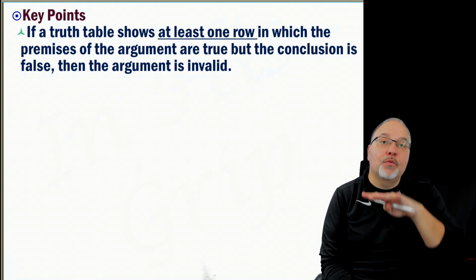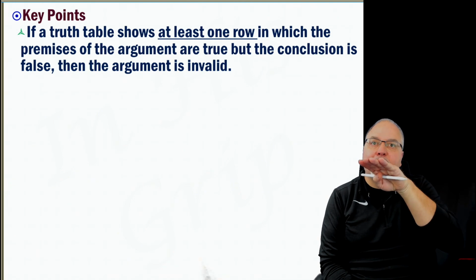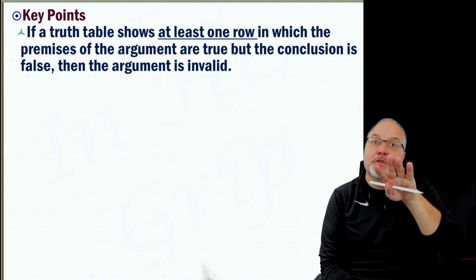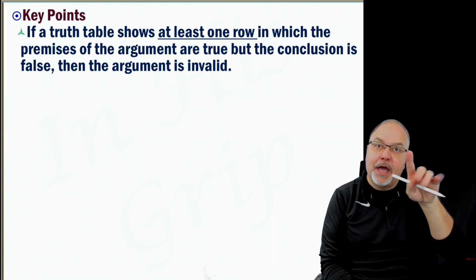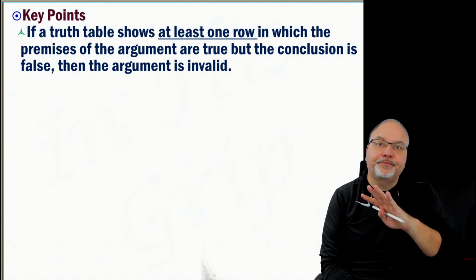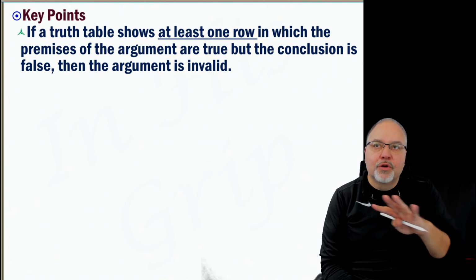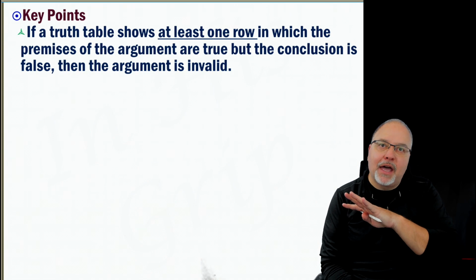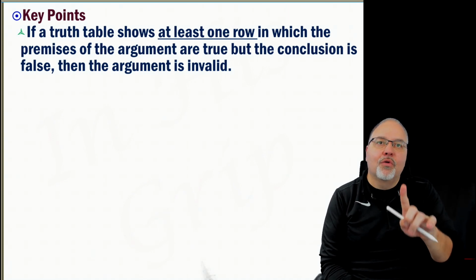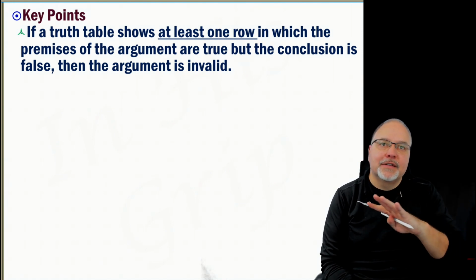So if anywhere in the table, as you make your truth table, you have at least one row where all of the premises are true and the conclusion is false, it's invalid. Even if you have 8 rows where you have true premises and a true conclusion, and you have one row where the premises are true and the conclusion is false, then it's invalid.